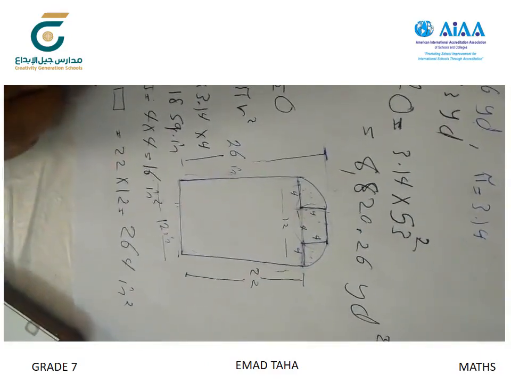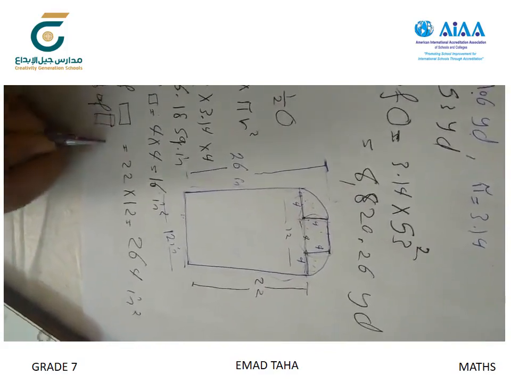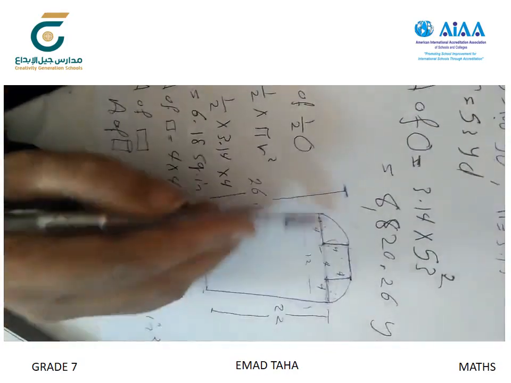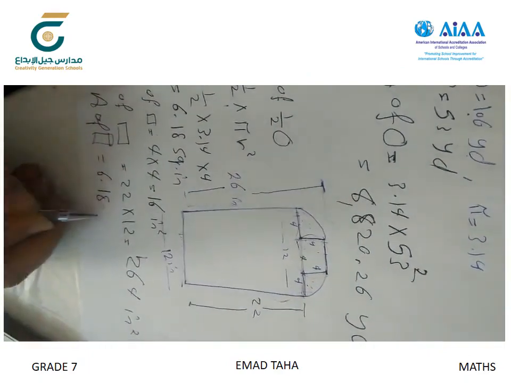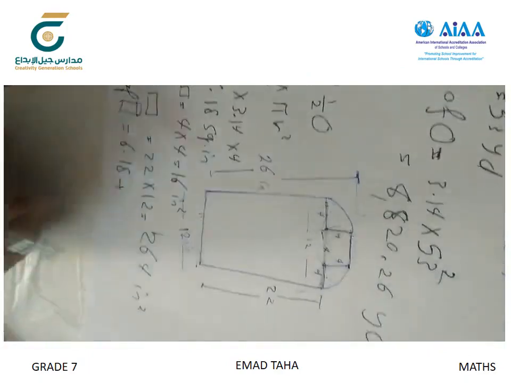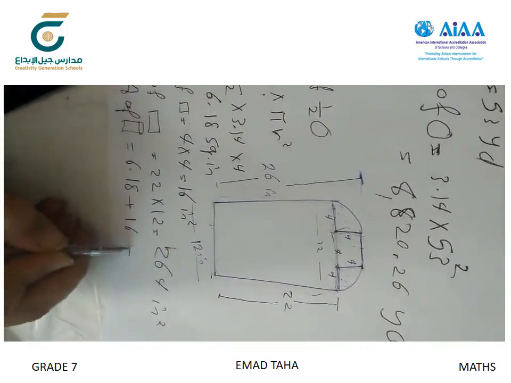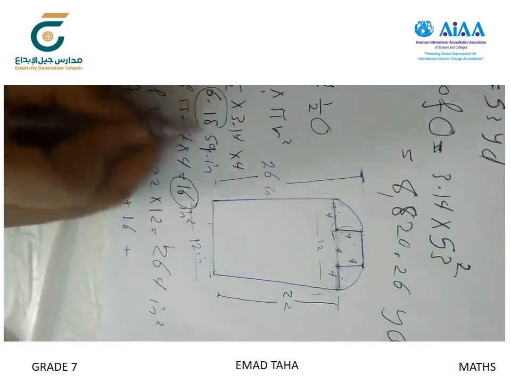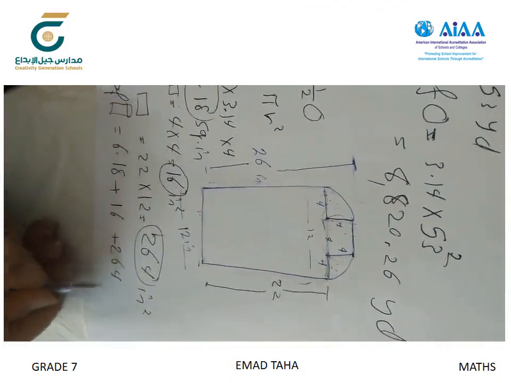So the area of the total window equals the first part, half circle 6.18, plus the area of the smaller square 16, plus the area of the rectangle 264.